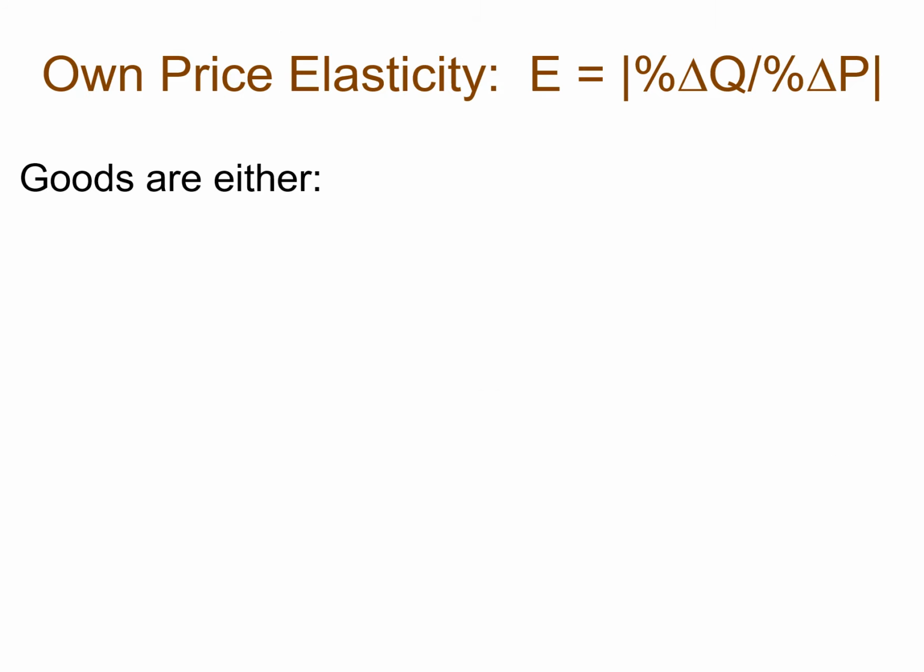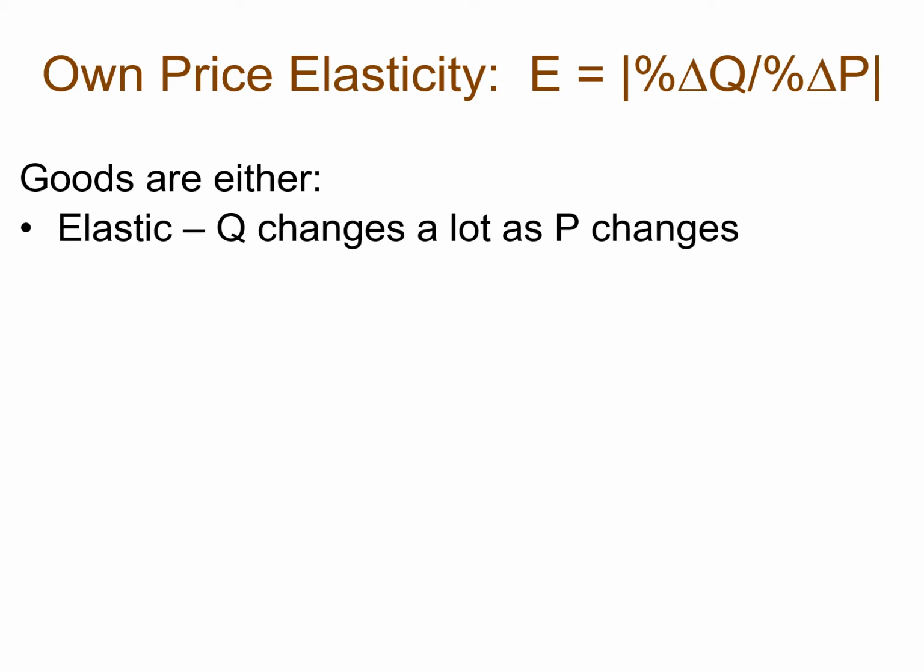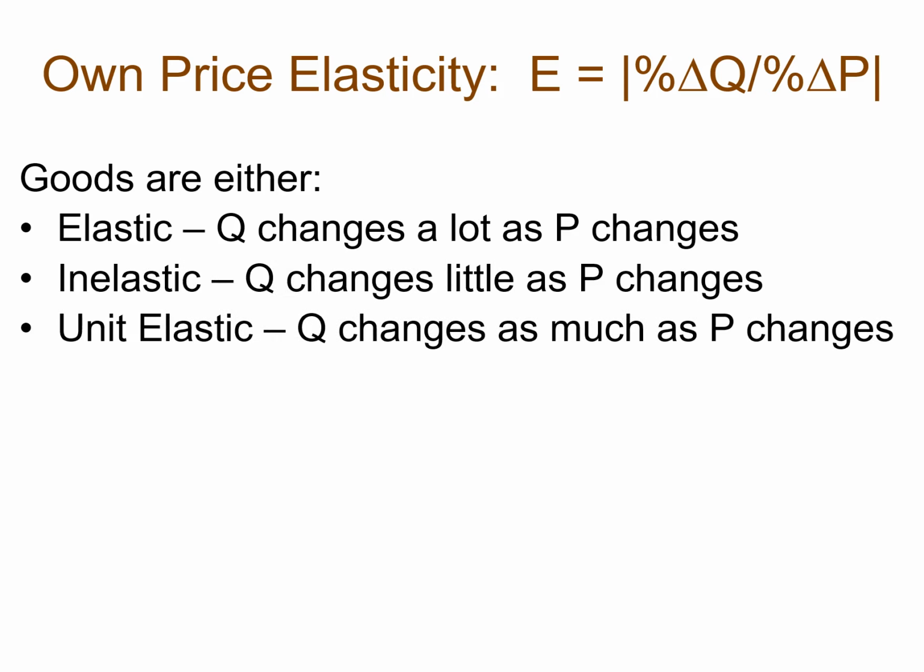So when we talk about price elasticity or own price elasticity, goods are going to be categorized in one of three categories: either elastic, inelastic, or unelastic. Elastic means sensitive. That means customers or demanders are sensitive to a change in price. When you change price a little bit, demand tends to change a lot.